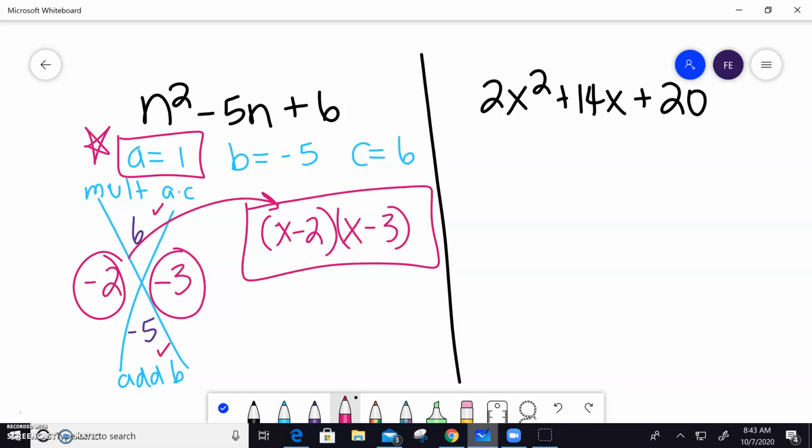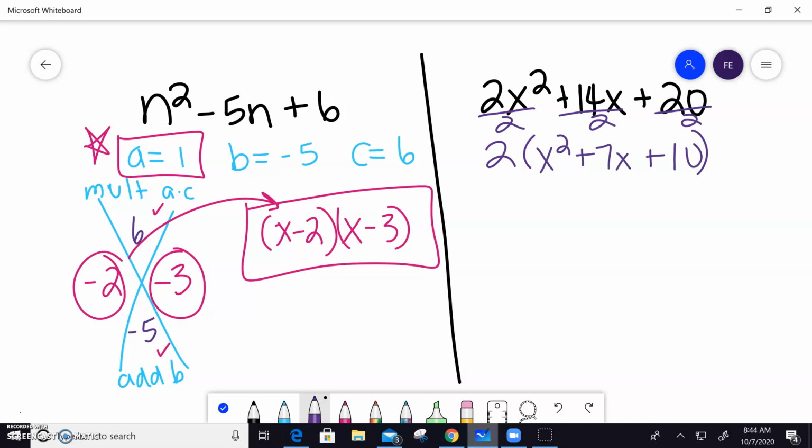Now, the second one, the a looks to be 1, but again, remember, we have to check first for a GCF. If I look at 2, 14, and 20, the smallest number is 2, meaning there is a GCF, and that GCF is 2. That's going to change how I factor. So I divide everything by 2, giving me x squared plus 7x plus 10.